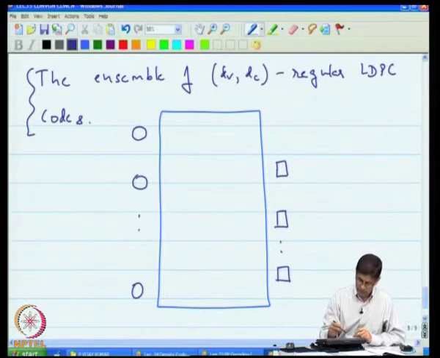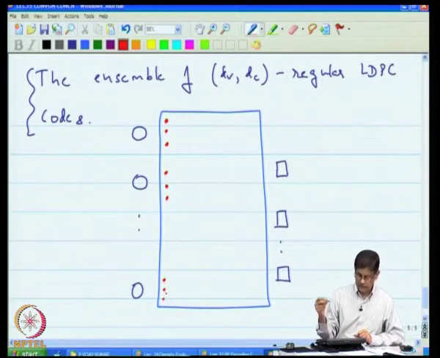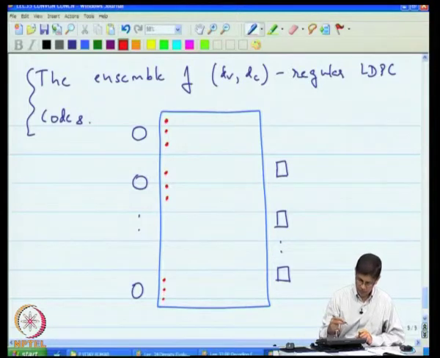Now, each variable node is associated to a certain degree, which is dV, and similarly each check node is associated with a certain degree.